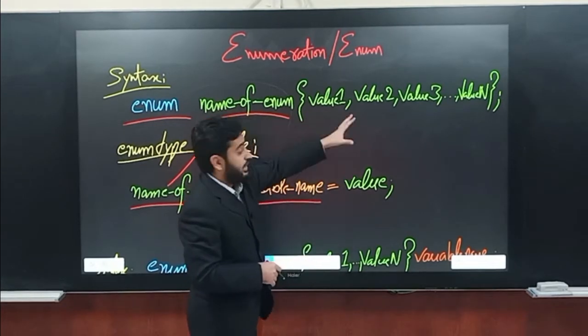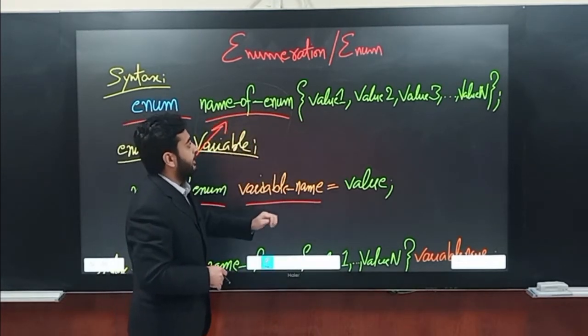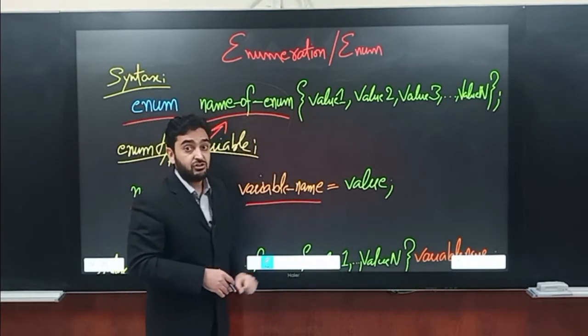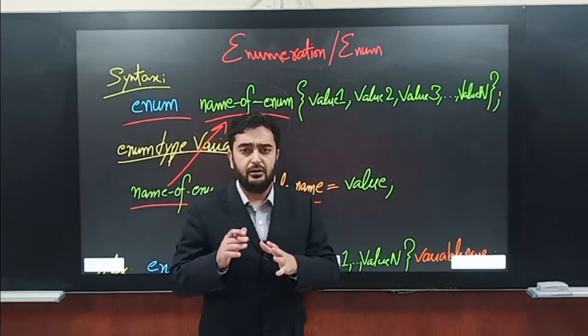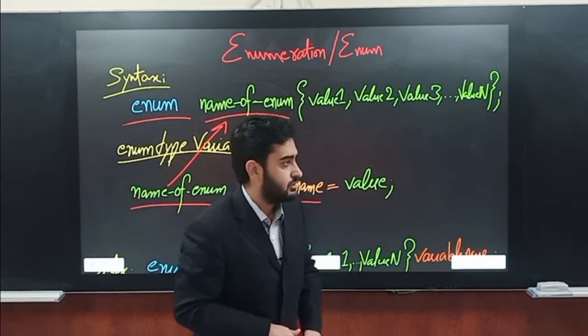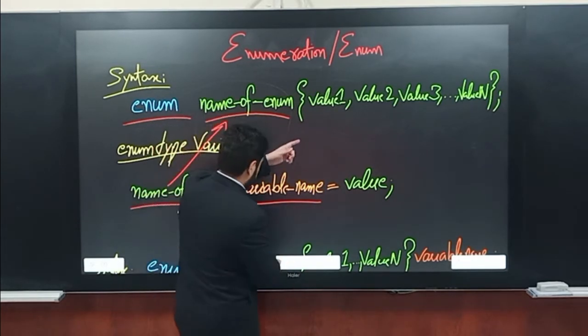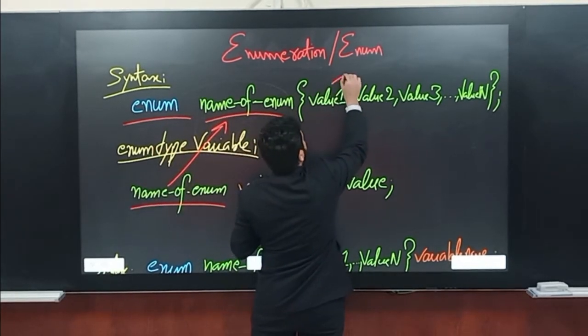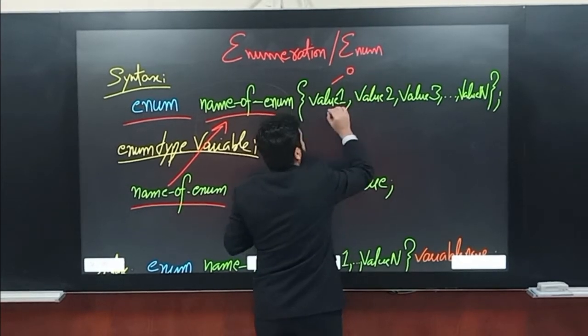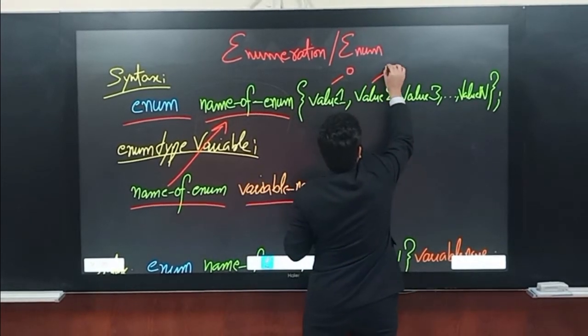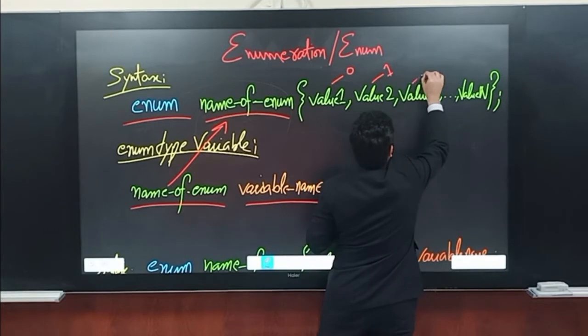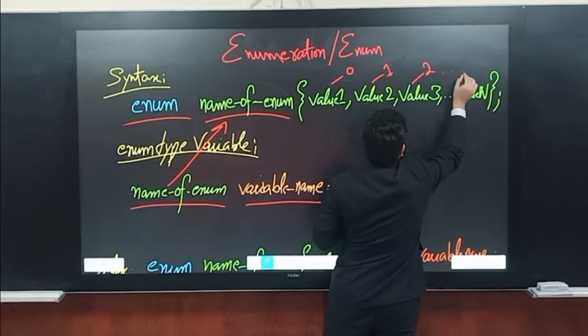Each value in this set has an index starting from 0, just like the indices in arrays, where the first element has index number 0. In a similar way, here value 1 has index number 0, value 2 has index number 1, and so on and so forth.